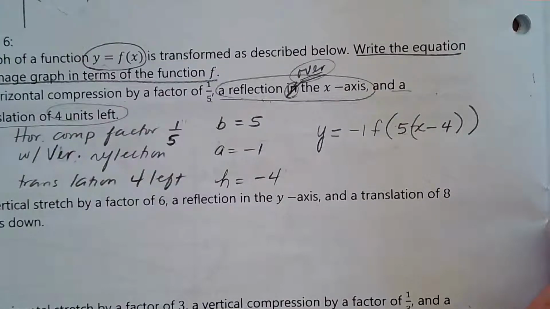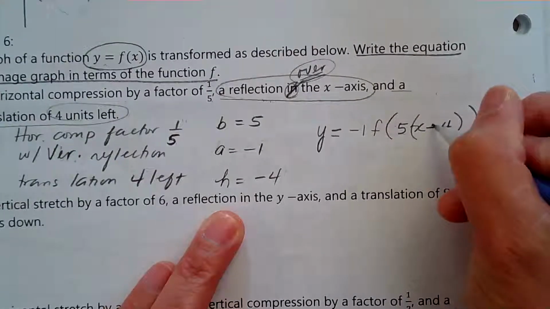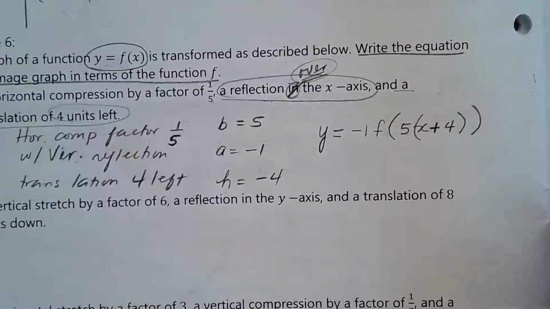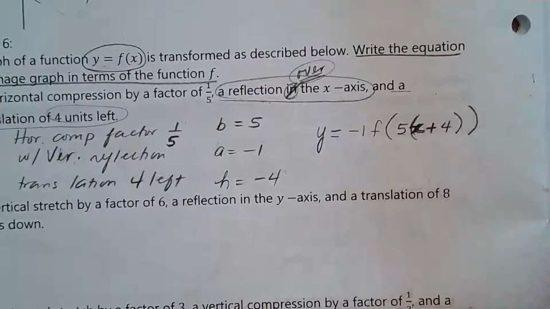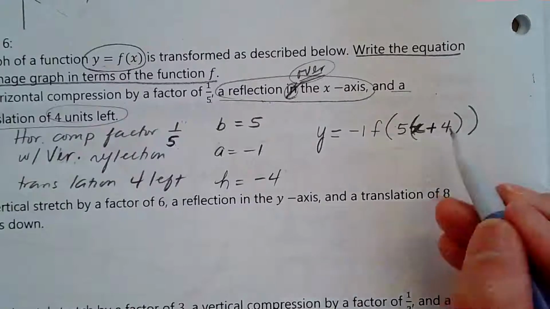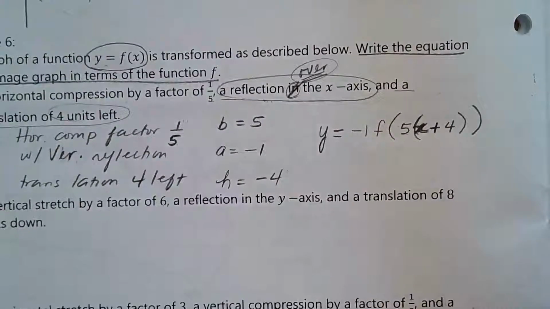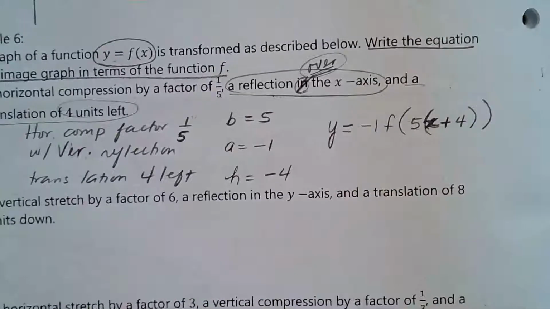It's technically plus 4, because you need to go to the right. Right, +4. Very good, Cody. x plus 4.